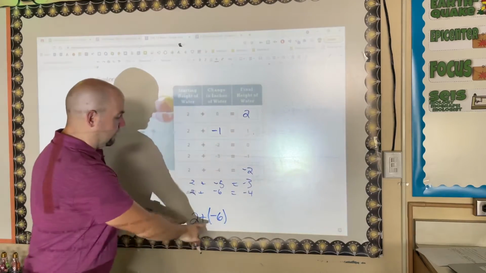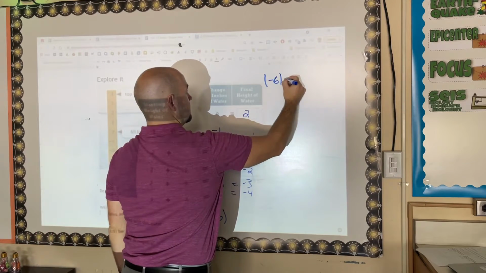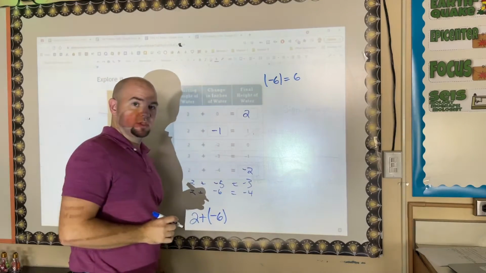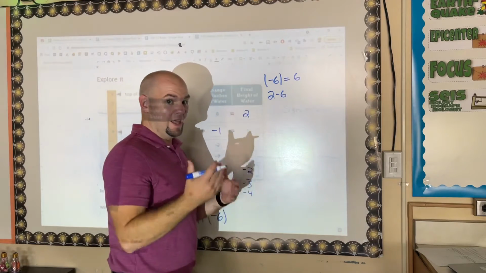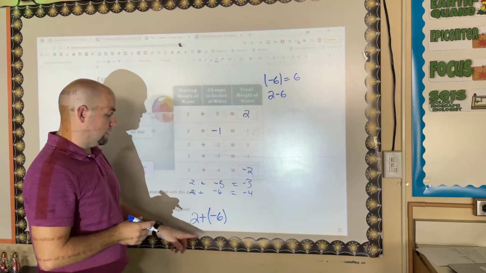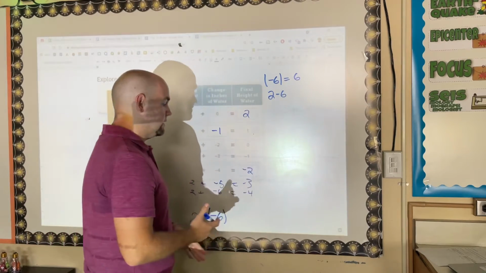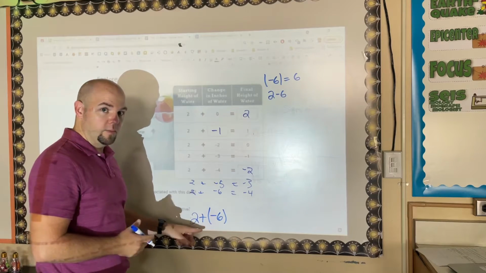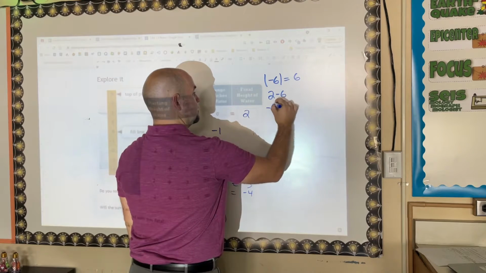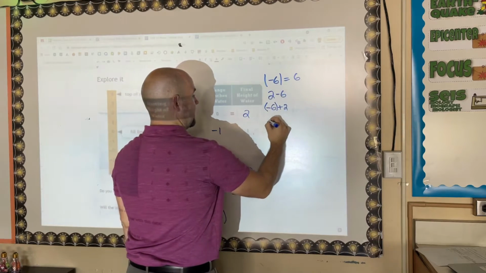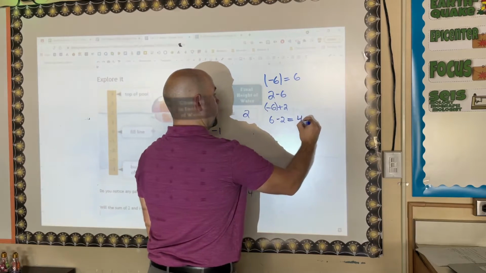Now, 2 plus a negative 6, I'm going to slide all this math right up here. So these signs are different. So we are going to take the absolute values and subtract them, or find the difference. Because this is an addition problem, we're allowed to rewrite it as negative 6 plus 2, so we don't get confused with the signs. So we find our absolute values: 6 minus 2 equals 4.